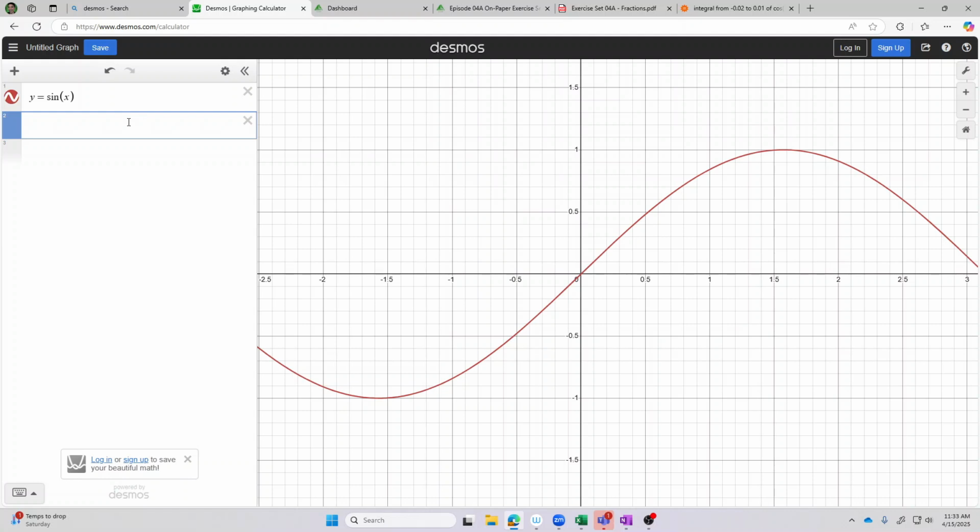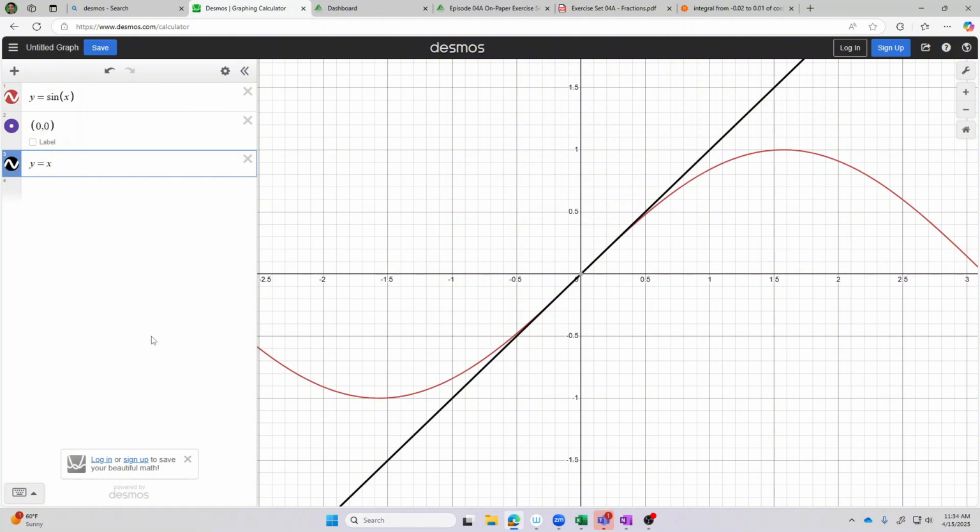Okay, so here I am on Desmos with y equals sine of x graphed, and I'm looking at the point on the graph where x is equal to 0, because 0 was where the Taylor polynomial was centered in our problem. 0 was the value of a in our problem. Now I'm going to go ahead and graph y equals x. Y equals x was the first and the second degree Taylor polynomial for this function at this a value.